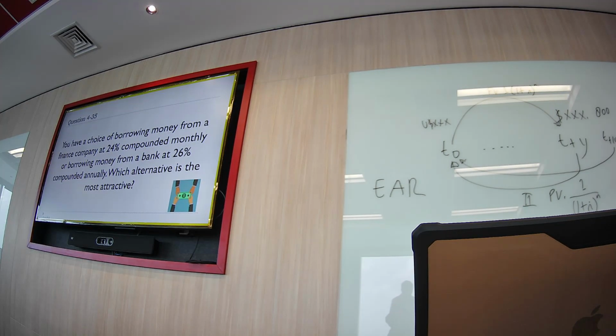Just calculate the effective interest rate, you don't need to write numbers. Then you can calculate with 24% compounded monthly. That's better than 26% compounded annually. It's from a finance company or bank.